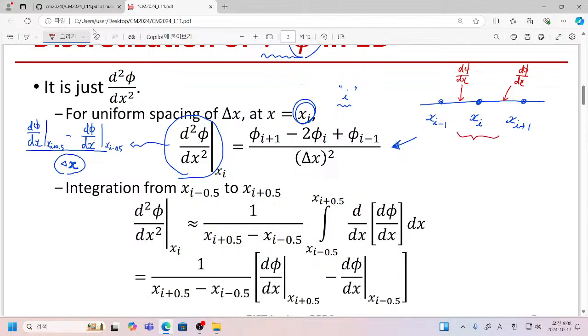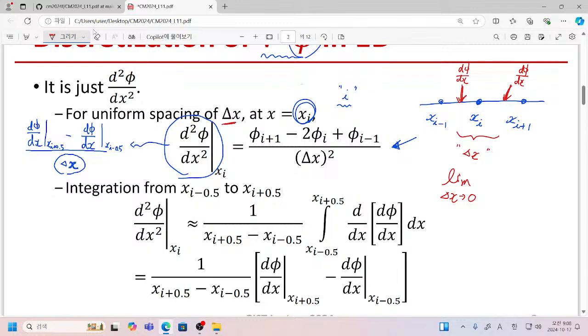Since every spacing is written as delta x, we still have delta x. So taking these two different values and normalizing by delta x, of course if we take the limit of delta x approaching 0, then that will become the real second order derivative.